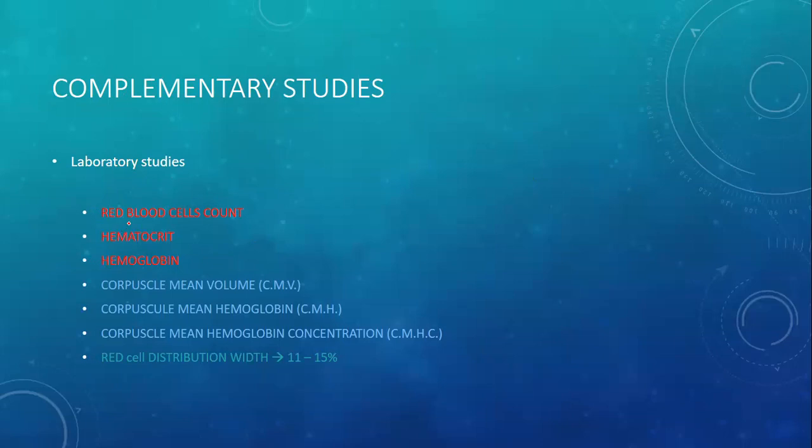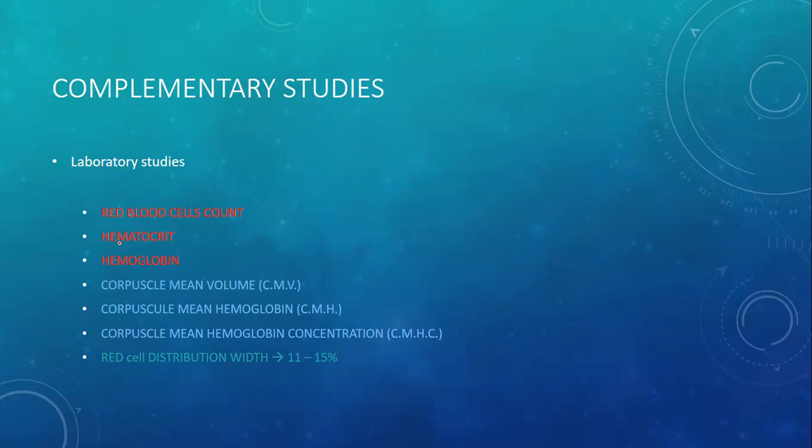You always get your red blood cell count, your hematocrit, that is how it's pronounced, and the hemoglobin. Okay, in case you do not know what this is, hematocrit is the percentage of red blood cells that your blood has. Okay, and hemoglobin is just the molecule, right, which is inside each red blood cell.